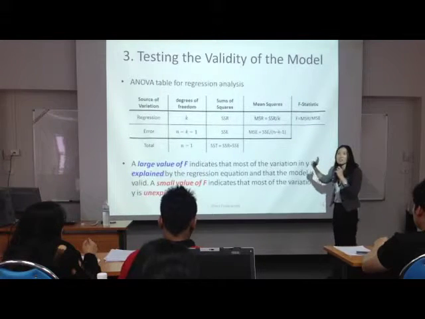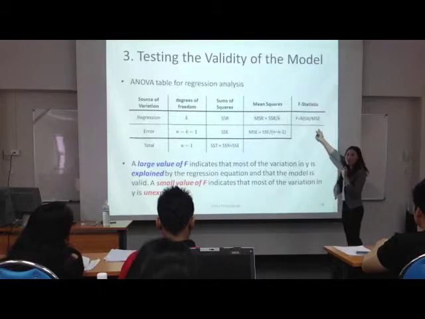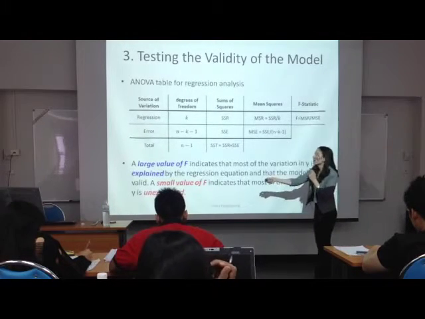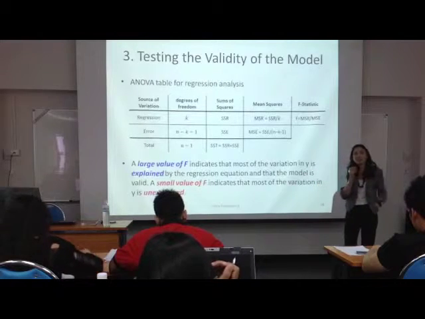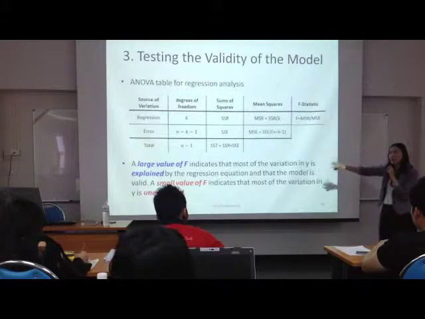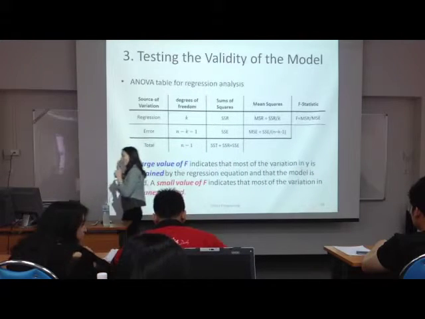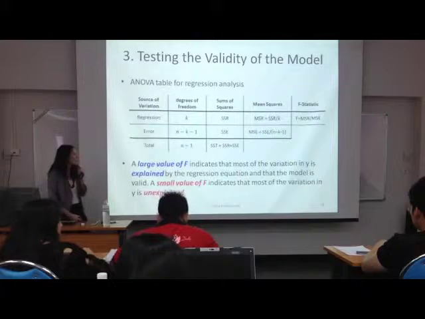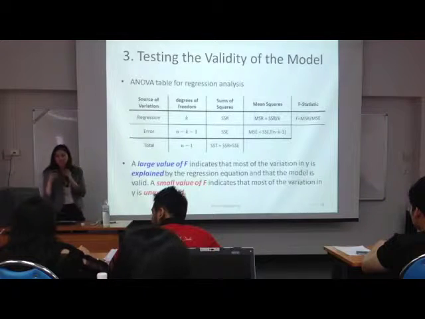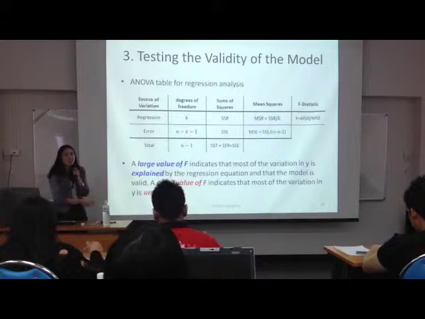The rejection region for this test is always on the right side, same as here. So we reject the null for a large value of F. We don't have a rejection region on both sides, but we reject the null hypothesis when F is large.